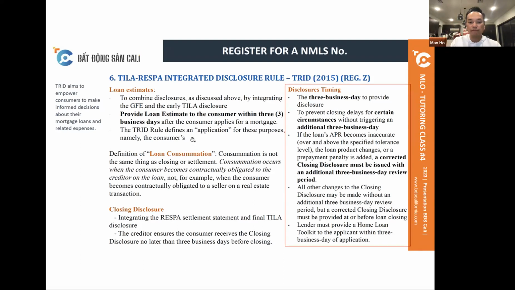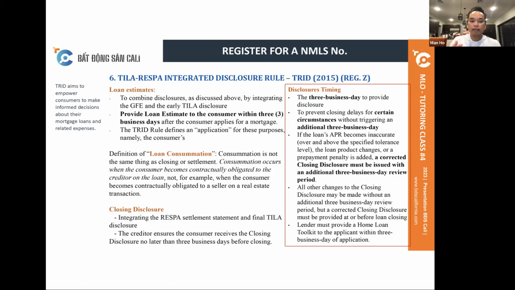Definition: the TRID rule defines an application for these purposes, namely the consumer's application, okay? Definition: loan consummation. So if you hear anything about consuming a loan, or loan consummation, what does that mean? Understand this word and memorize it.